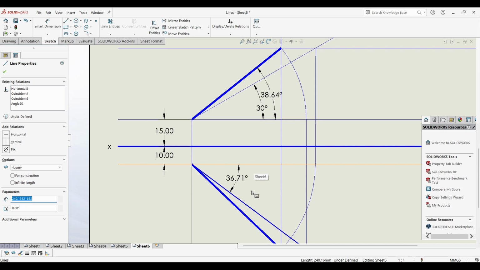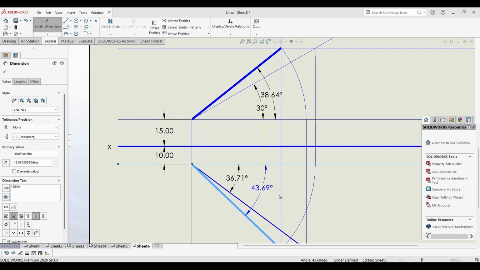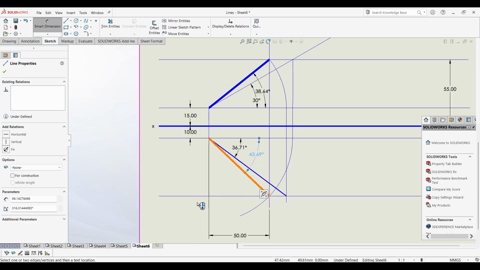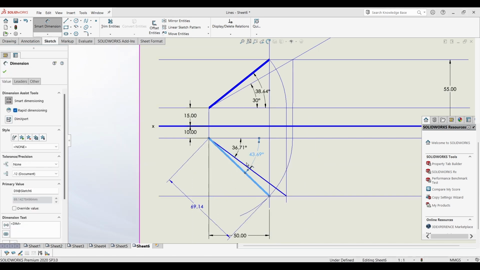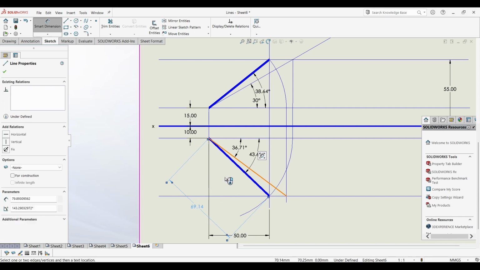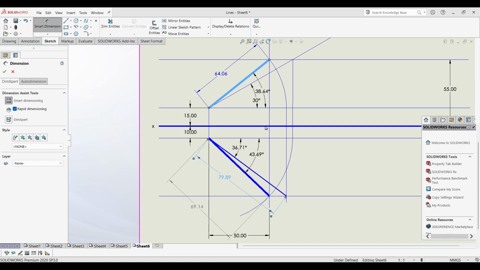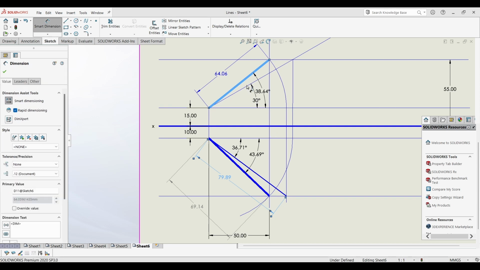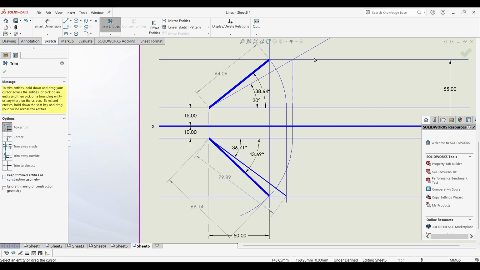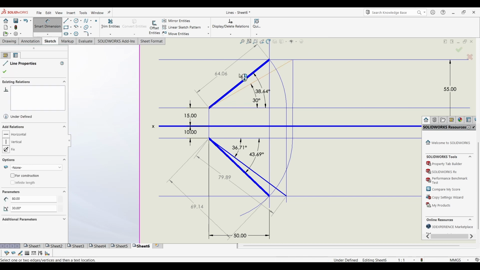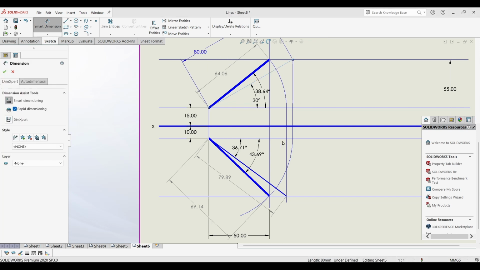And then this line and this, 43.69. Did it change? Yeah. And then after that, I have to do the dimensions for this. Done. Dimension for this. Done. And I have to trim this part. And dimension for this line is 80 mm. Wow.